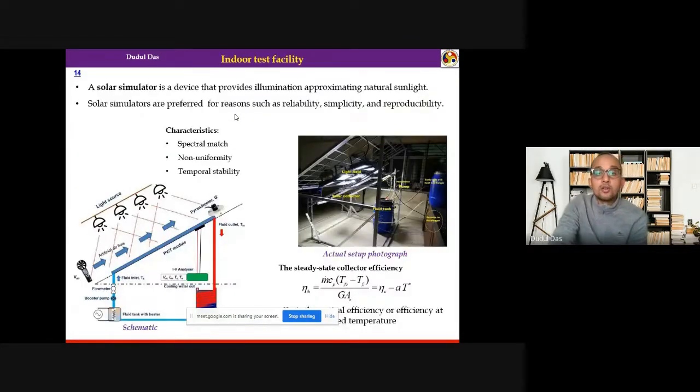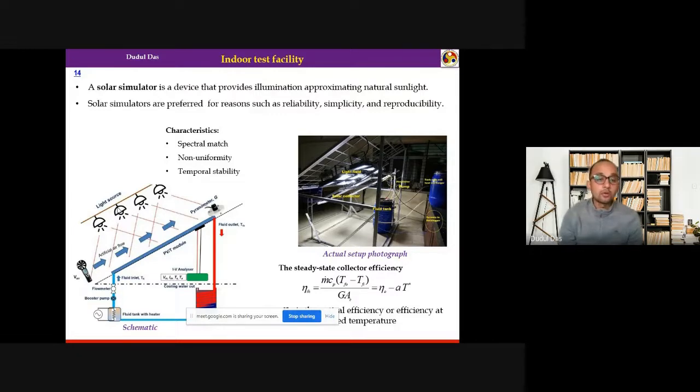And this is the indoor test facility we have developed, or in some very fancy term we can call it a solar simulator. Why do we use the solar simulator? Because under outdoor conditions it's very difficult to get a constant solar irradiance for a longer period of time.